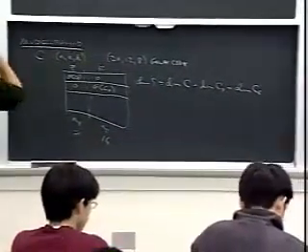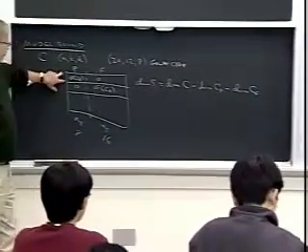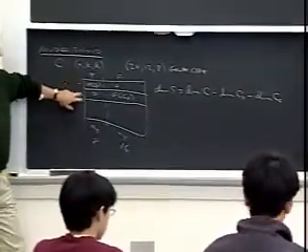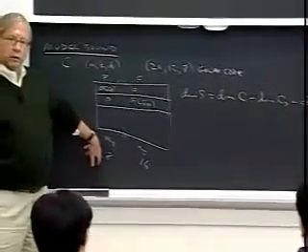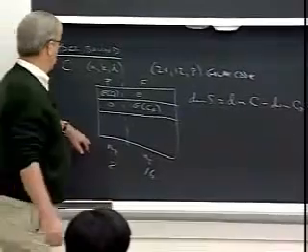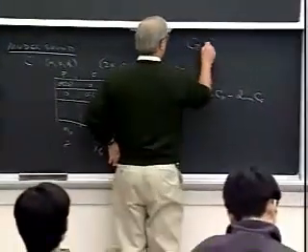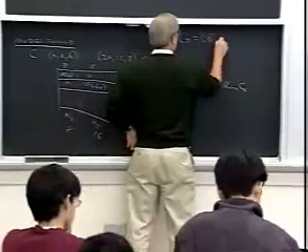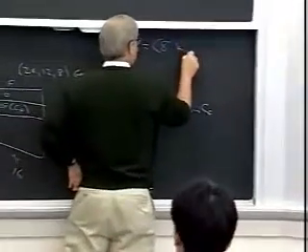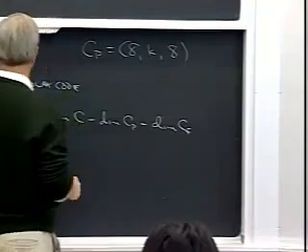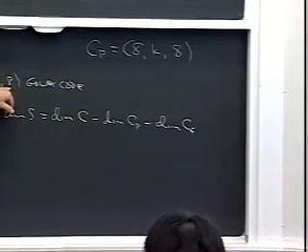Okay, but we know a few things about this code. We know what its length is, and we know what its minimum distance is. So for this particular case, C past is an (8, k_past, 8) code, because its minimum distance has got to be at least as great as this.